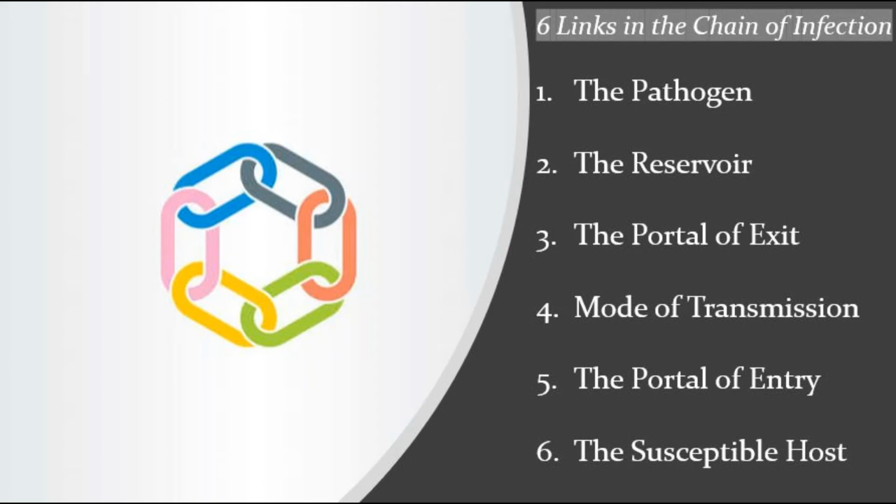Some vehicles that may indirectly transmit an organism are food, water, blood, and objects such as tissues or even bedding. When the infectious microorganism is on these items, the organism can travel long distances.